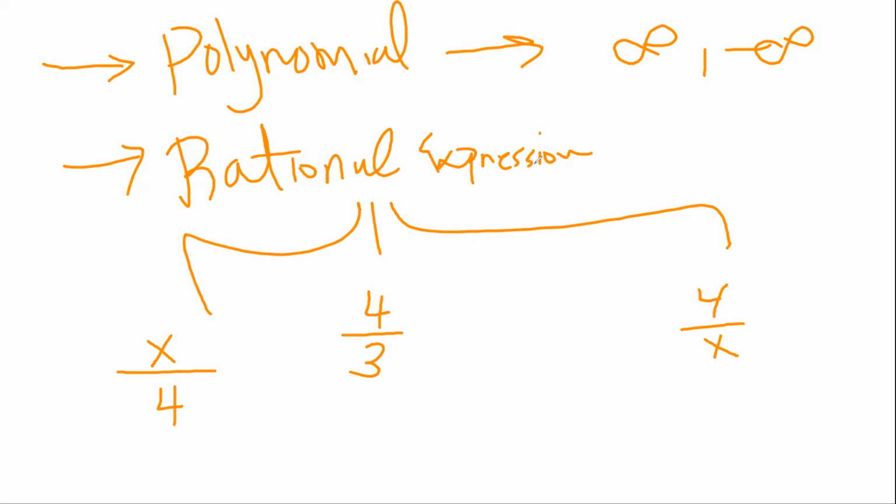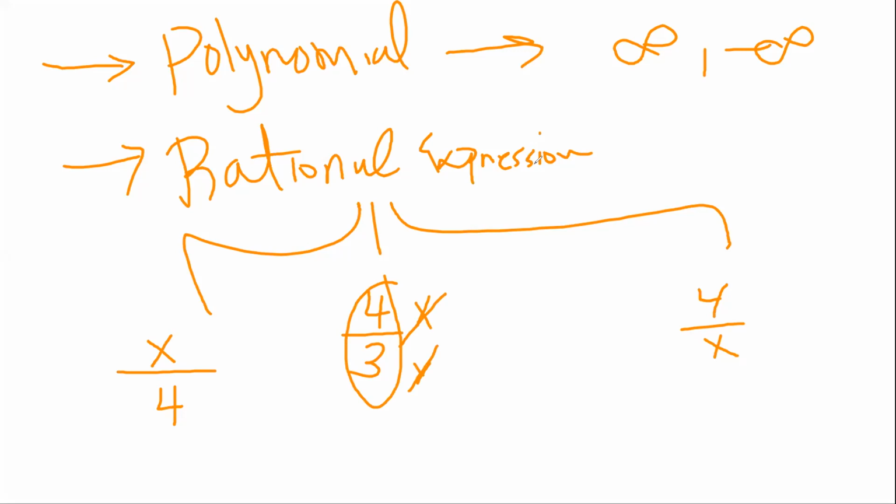I mean, it could be x over 4, or number over number, or number over x. So x could be in the numerator, in the denominator, or in both of them. If in both of them, when I simplify, they cancel each other, so the answer must be a number.